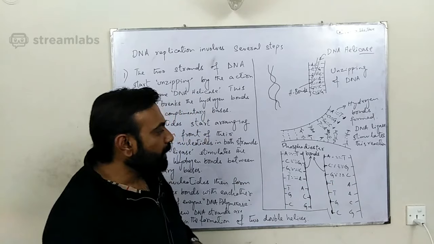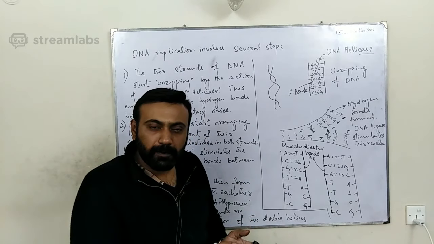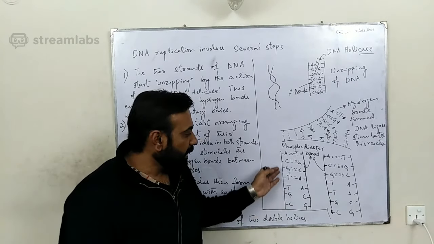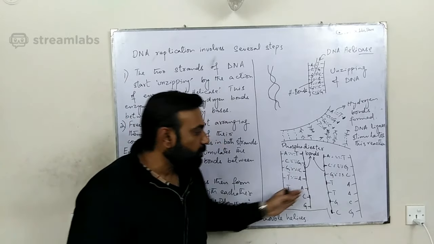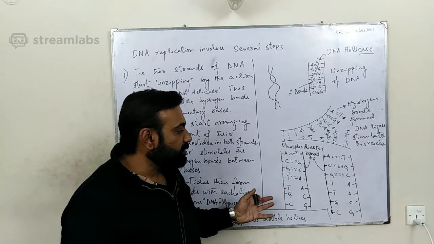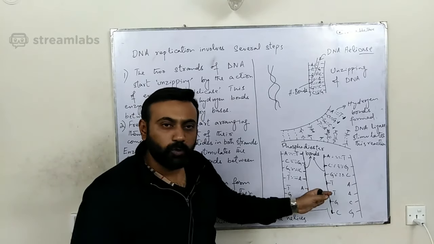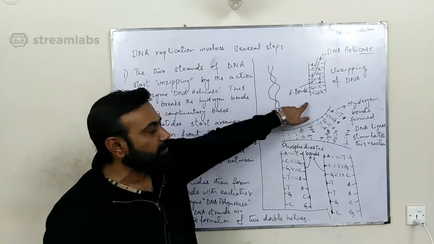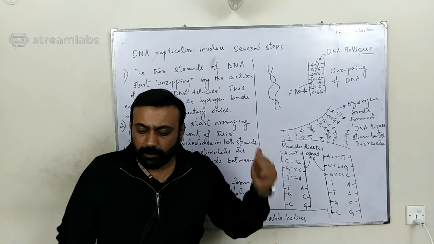But if you look at the sequence of nucleotides in both the strands of each double helix, that sequence is not only the same in these two, but it is exactly the same as the original one. I'll give you a few seconds to take a look at that.